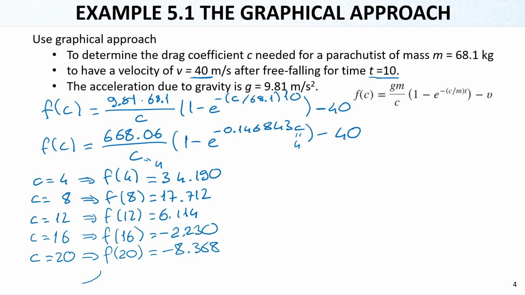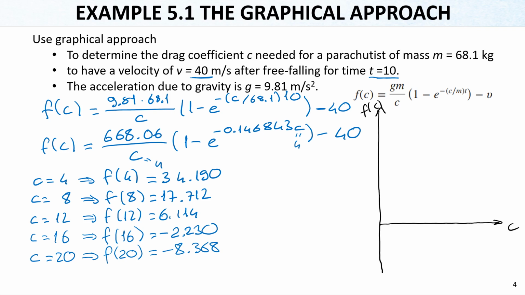Let's try to draw the graph of this function using these values, and I will plot the graph on the right hand side. Let's write here a graph like this, maybe like this. This is f(c) and this is c.